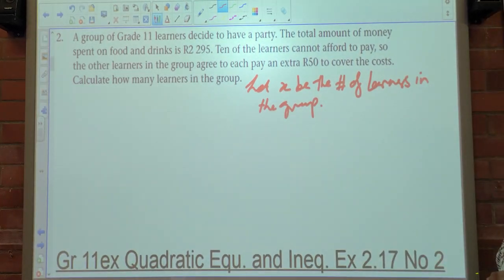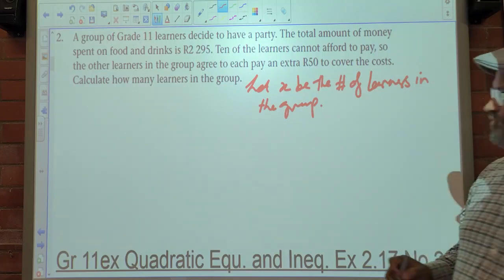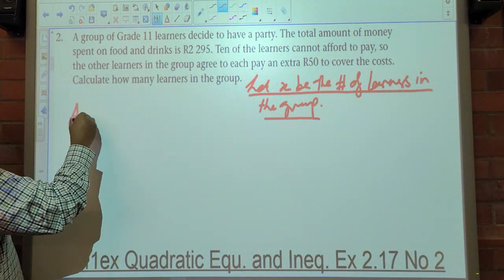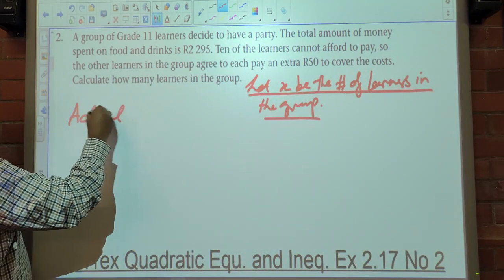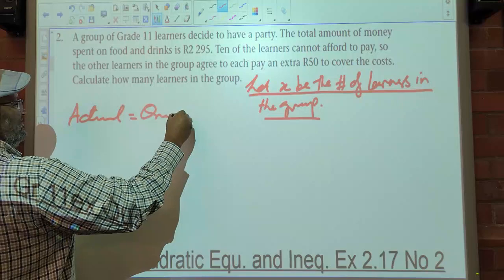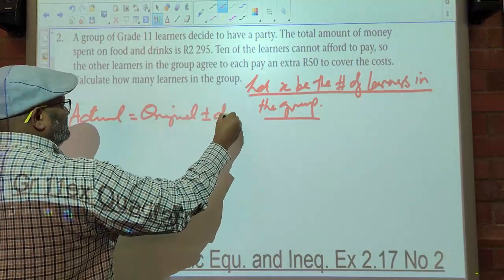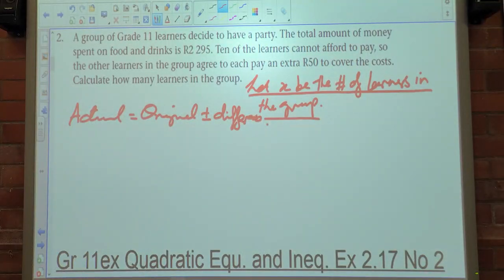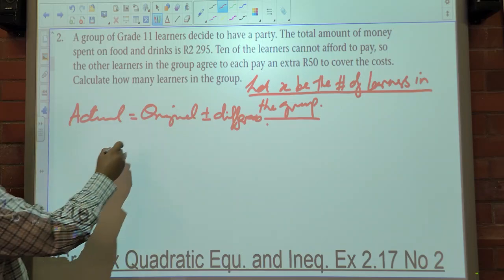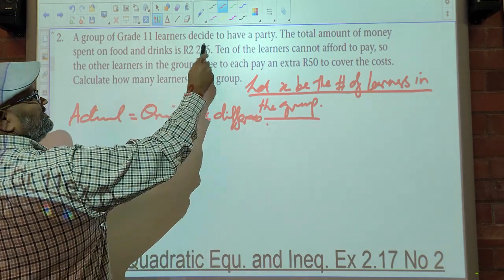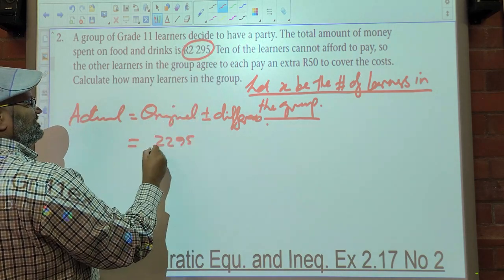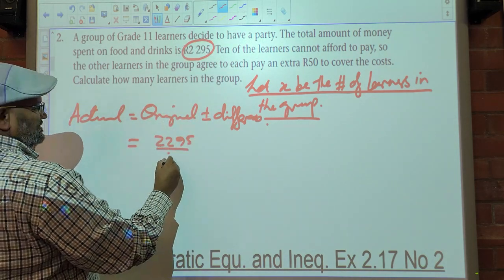Okay. So this is that case where you remember that formula I gave you yesterday. Who can remember that formula? We said actual equals original plus or minus that. So the original fraction should be what? We had 2,295 rand divided by x, which is the number of learners.